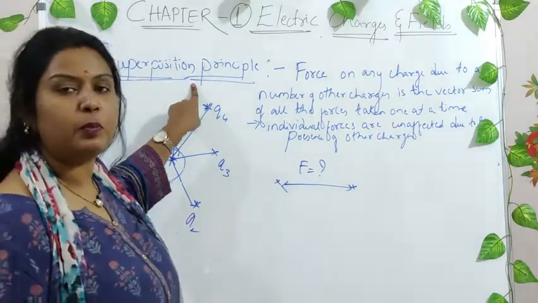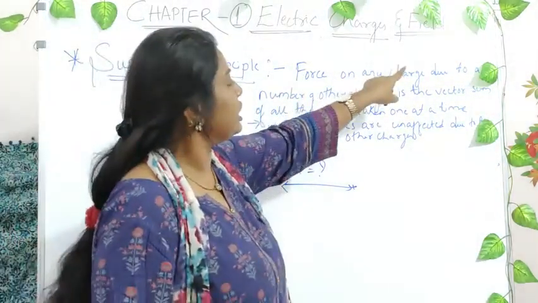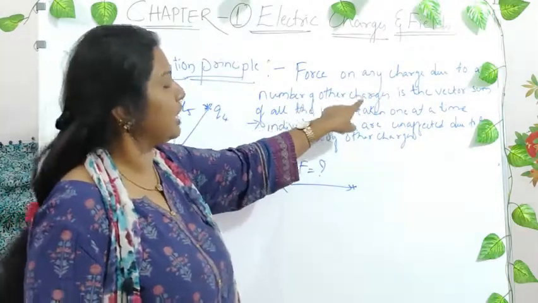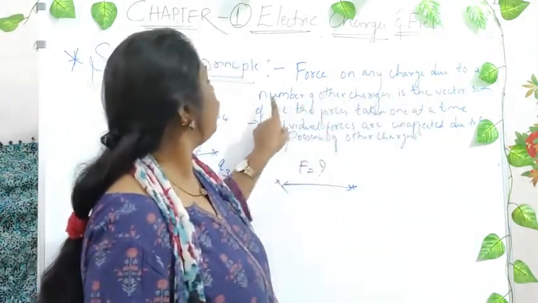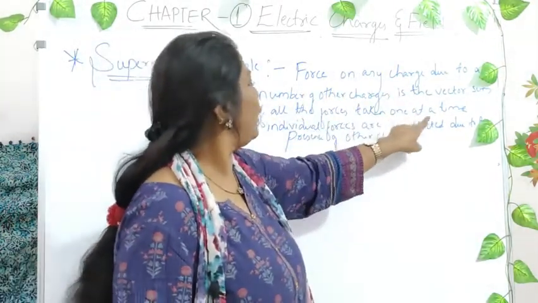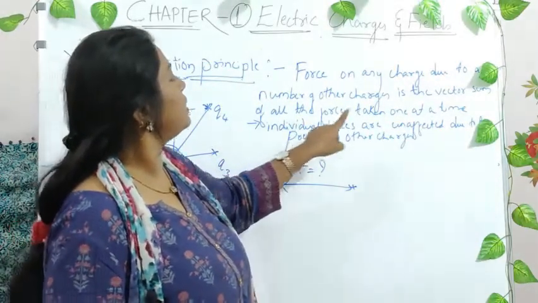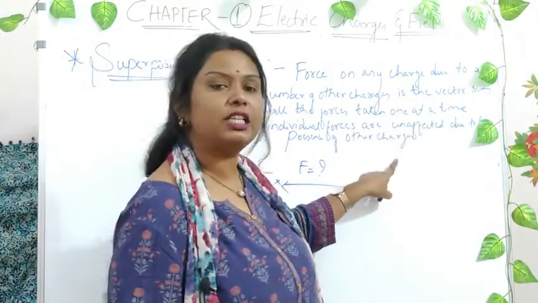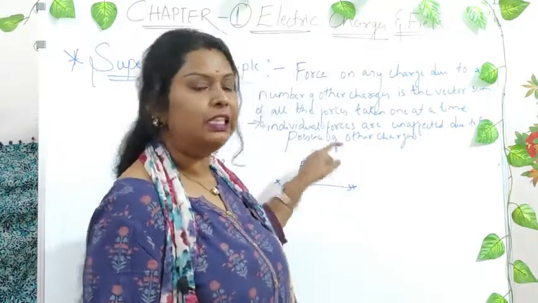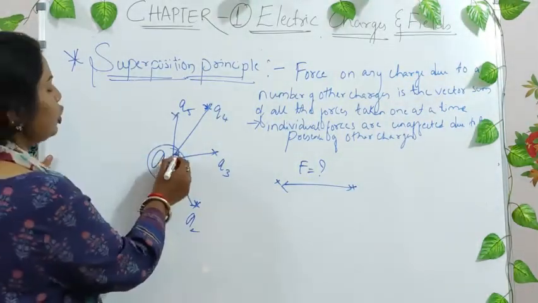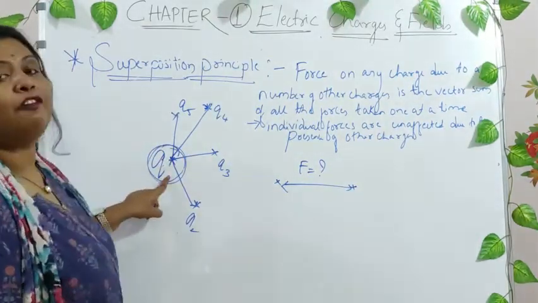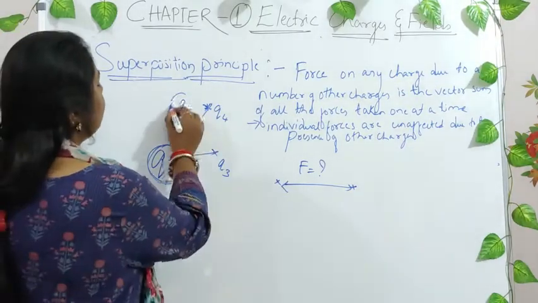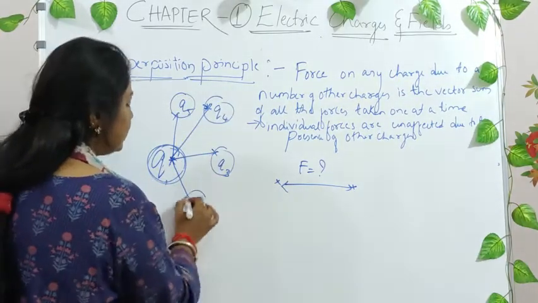The statement of the superposition principle is: the force on any charge due to a number of other charges is the vector sum of all the forces taken one at a time. Individual forces are unaffected due to the presence of other charges. What does this statement mean? It means the force on any particular charge will be equal to the vector sum of the forces from all the charges that are present, right?